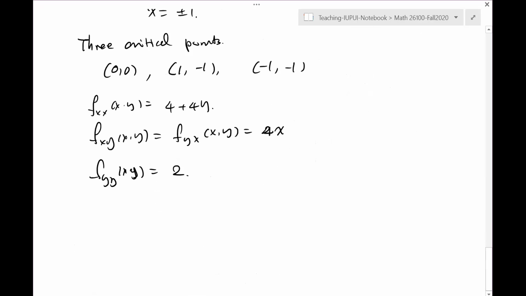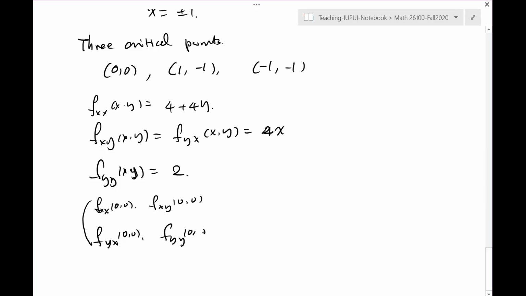So you will get a kind of matrix. In linear algebra, we have to determine when the matrix is positive definite and when not, right? So the matrix, the first one is fxx(0,0), fxy(0,0), fyx(0,0), fyy(0,0).